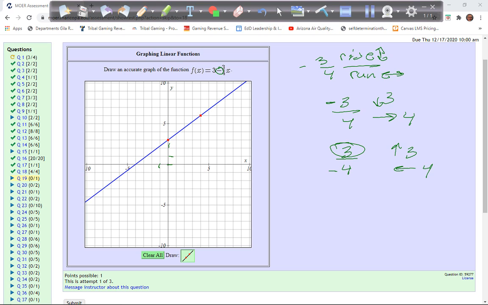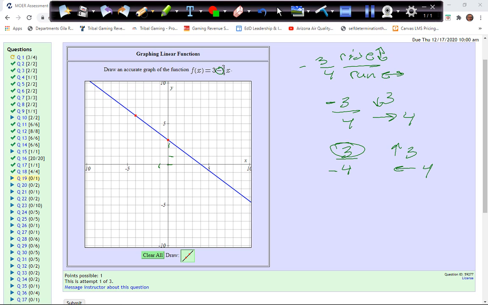Let's clear it and try that again. We start with our y-intercept, (0, 3), 1, 2, 3. And again, if we go up 3, we've got to go back 4. So 1, 2, 3, and then back 4, 1, 2, 3, 4. Click it there. Now I'm going to show you why it's good to do both of them, which is how I caught my error.